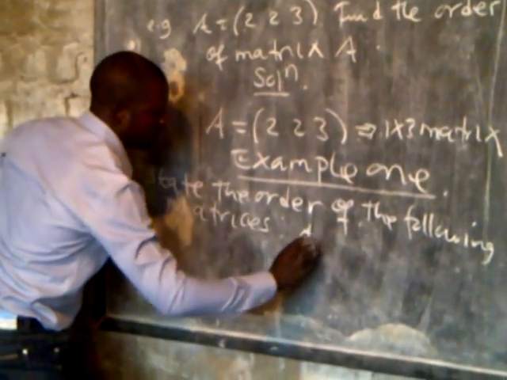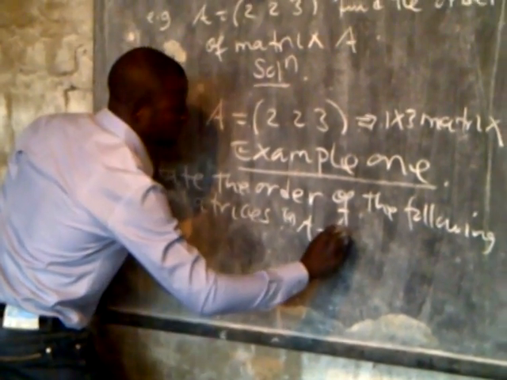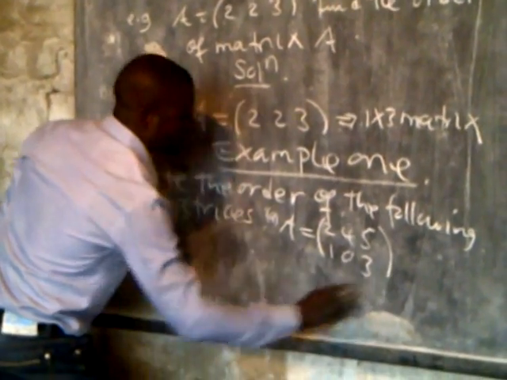Number A, matrix A, we've got 2, 4, 5, 1, 0, 3.